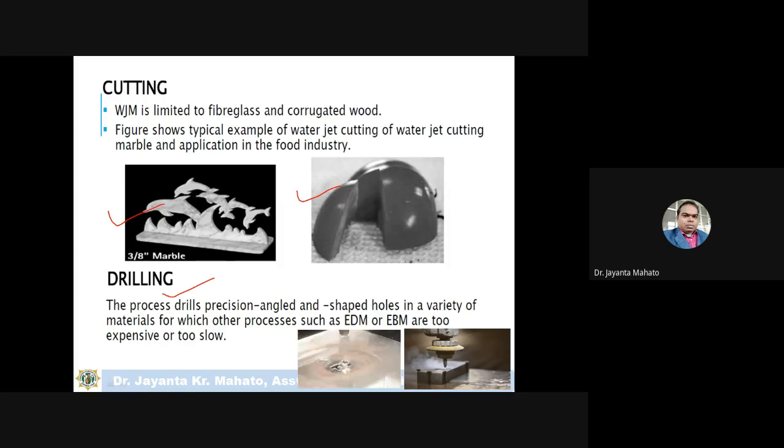Electric discharge machining and electron beam machining are actually more expensive and very slow processes for drilling purposes. So instead of these, water jet machining can be used for that purpose.